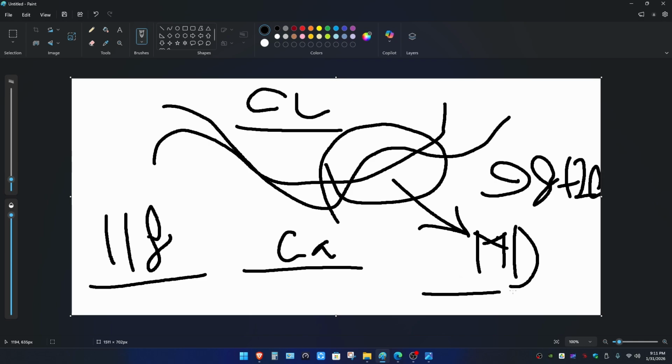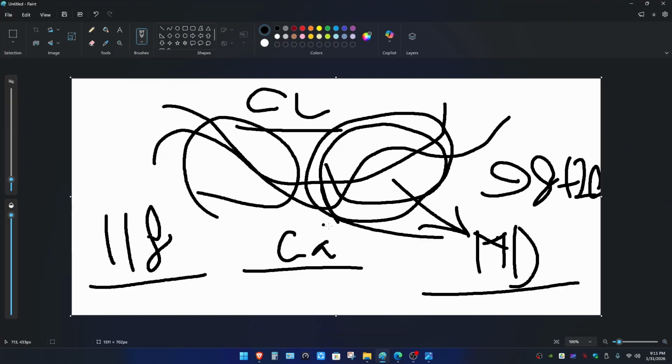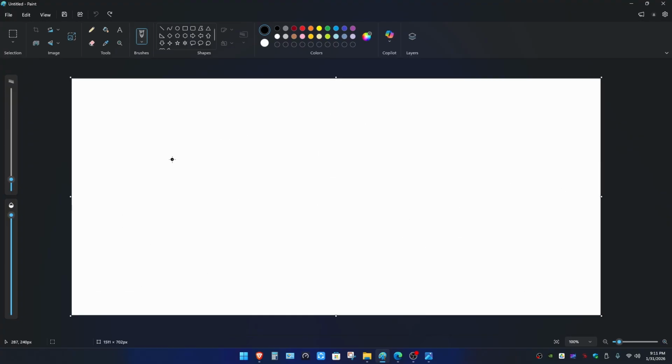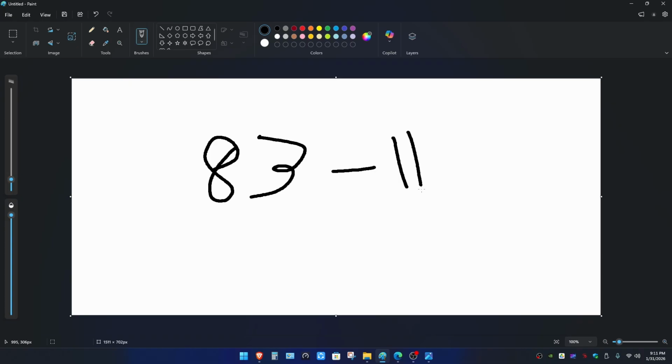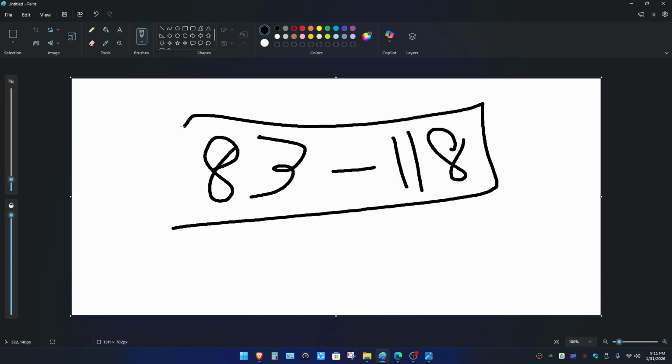This is what the measurement device cannot say. It says that I have detected something here or something here, and this is how we are getting the data, and eventually says that 83 to 118 are real, which I don't think it is.